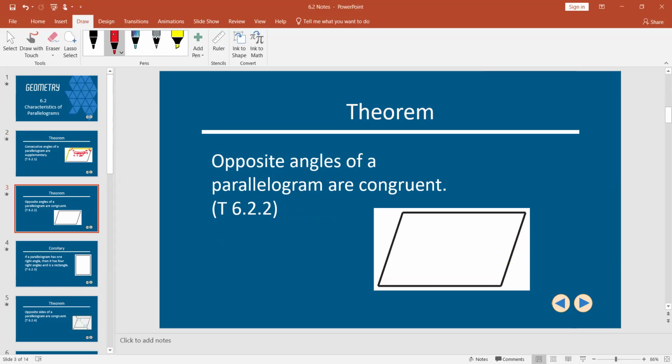Also, we know that opposite angles, in opposite corners, are congruent.